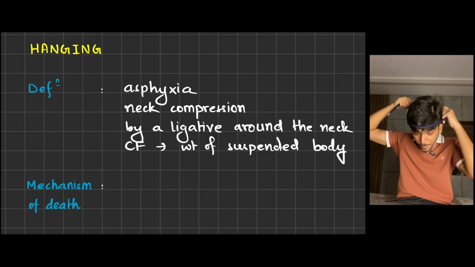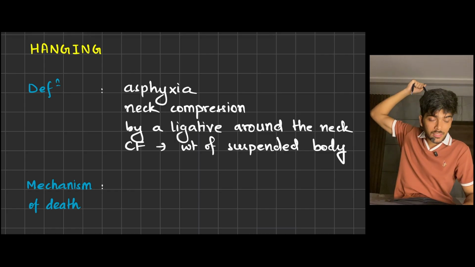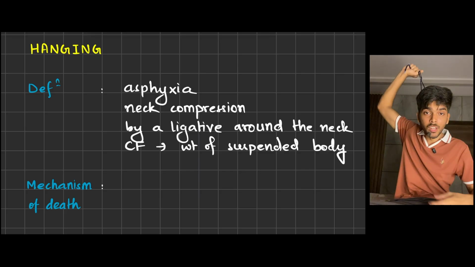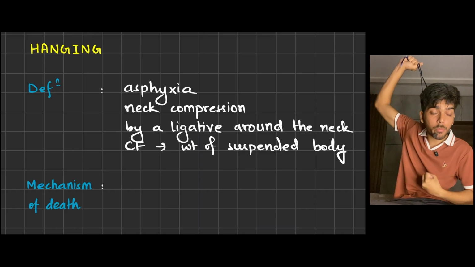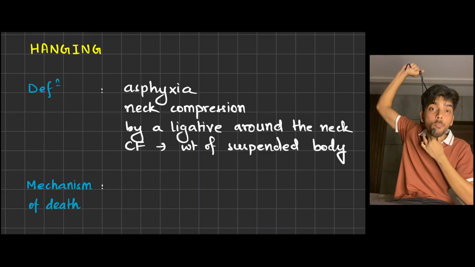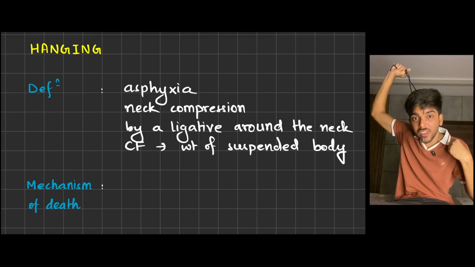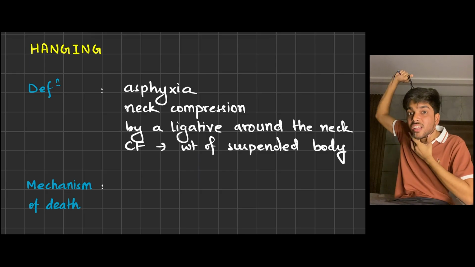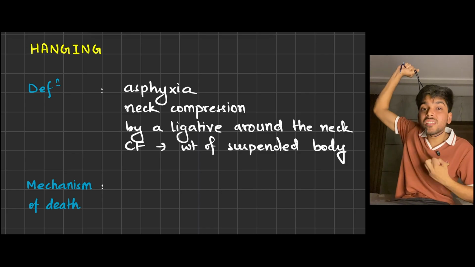If I wrap this ligature around my neck and then suspend myself from the ceiling, then due to the weight of the suspended body, this ligature will compress around my neck, and this will eventually lead to asphyxia. So hanging is asphyxia due to neck compression by a ligature around the neck, for which the constricting force is the weight of the suspended body.